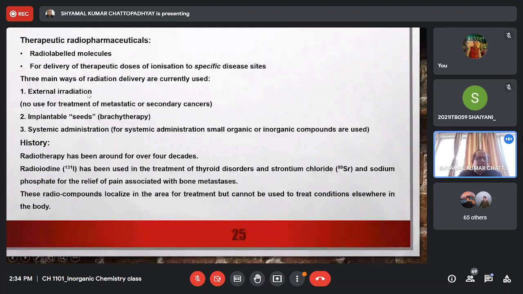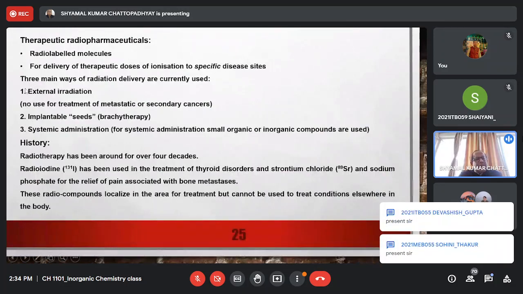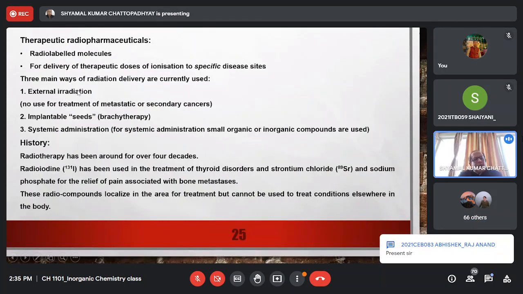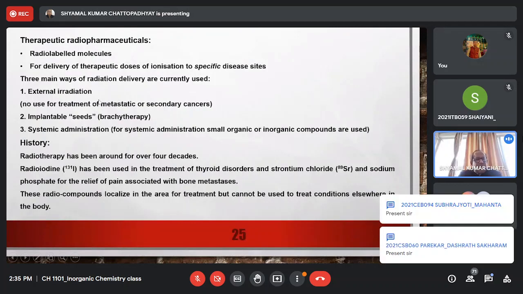Now, there are three ways in which radiation delivery can be done. One is external radiation. That means if you have some cancer or some tissues which need to be irradiated with some radioactive radiation, if that tumor is in the outside organs, they can be treated by external irradiation, right? So they are relatively easy to treat because external irradiation is sufficient for them.